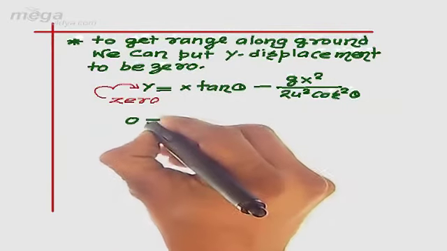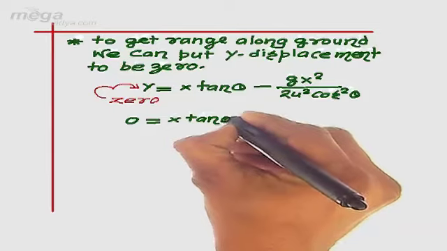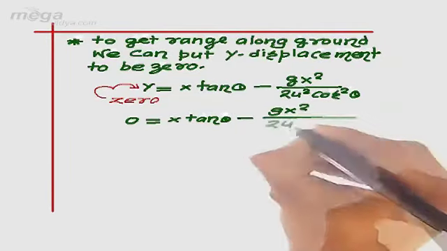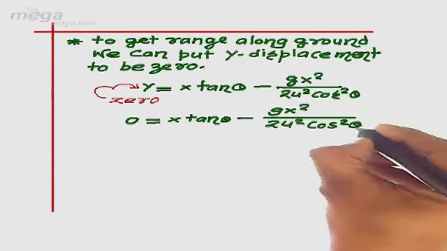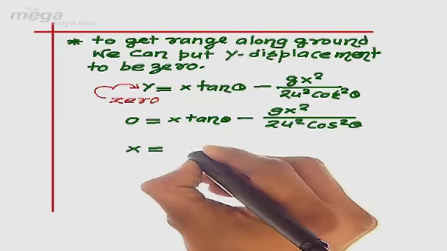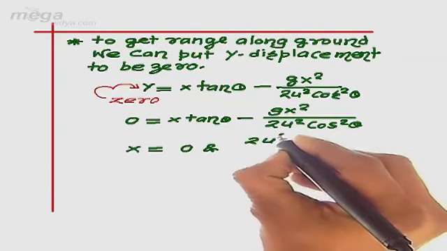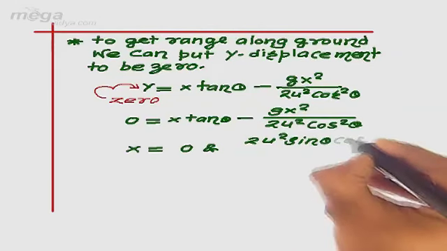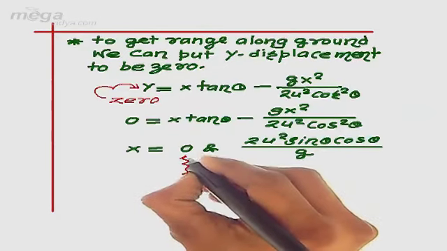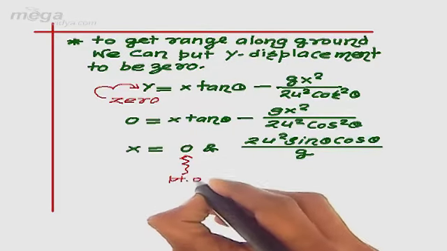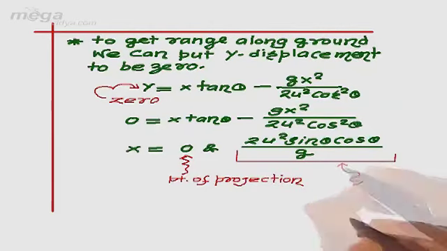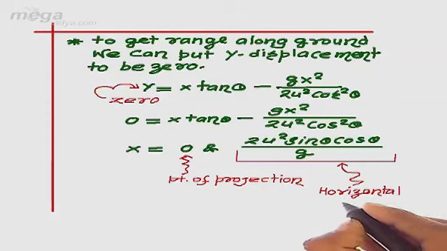So 0 equal to x tan theta minus gx square upon twice u square cos square theta, which gives us the value of x to be 0 and twice u square sin theta cos theta divided by g. Here the value 0 indicates the point of projection, while this value of x represents the horizontal range.